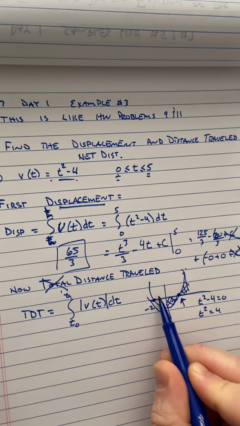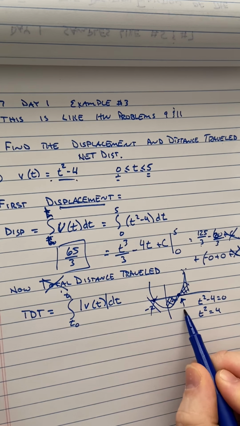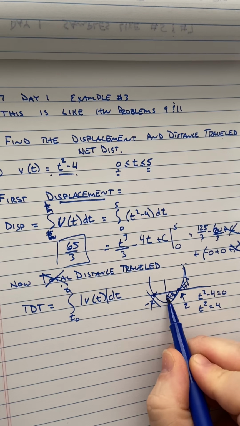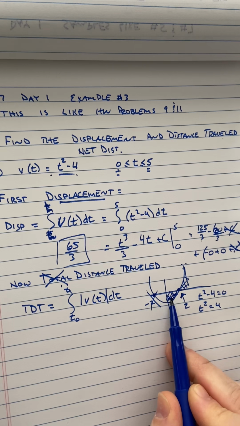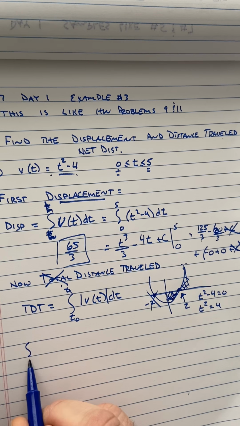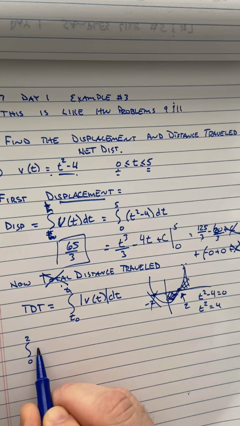That negative 2 has nothing to do with the interval in question from 0 to 5, but this positive 2 certainly does. Okay, so knowing that the area is underneath the t-axis from the stretch from 0 to 2, we have to break it up and go from 0 to 2 of this velocity machine.